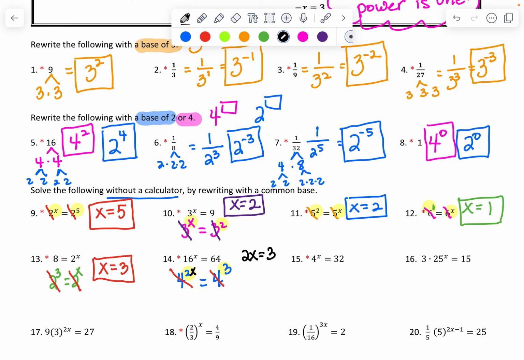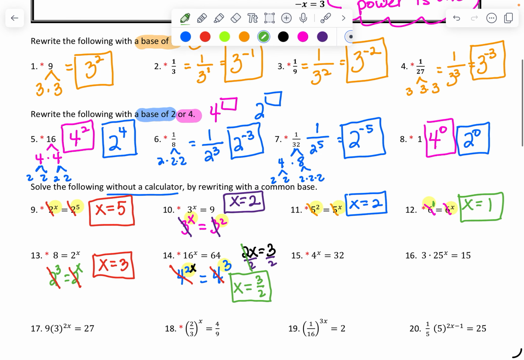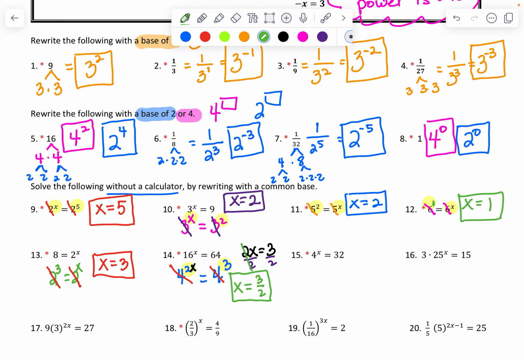We did it before. It's 2 to the 5th. So when you mark off your common bases and you see what's left here, it's 2x equals 5. So we're going to solve that. 2x equals 5. Divide both sides by 2. And then I get my final answer. X is 5 halves.